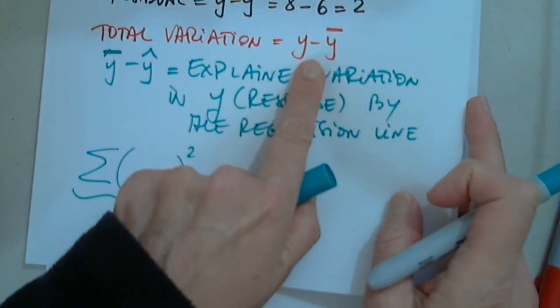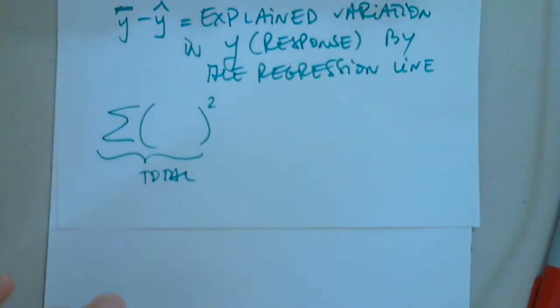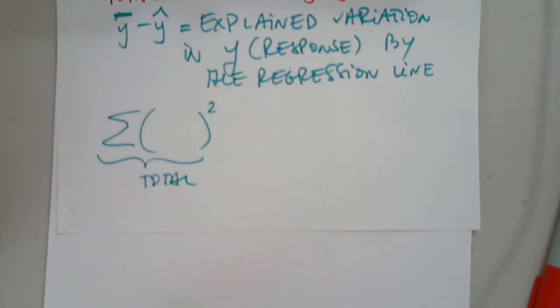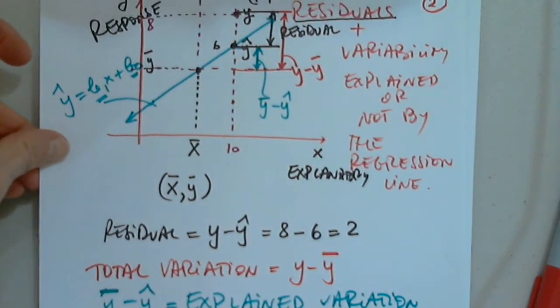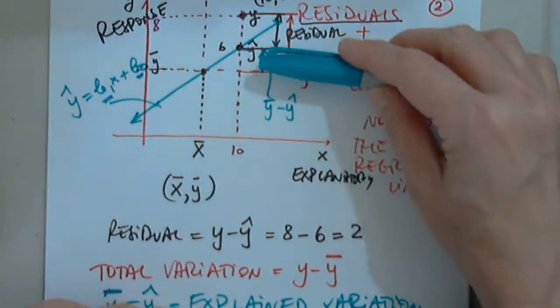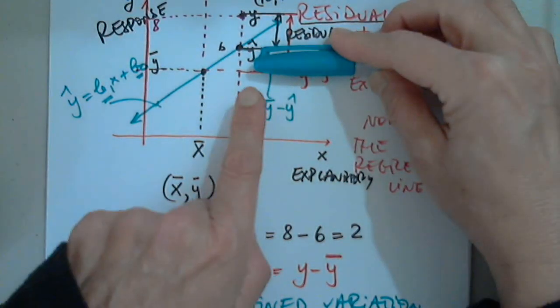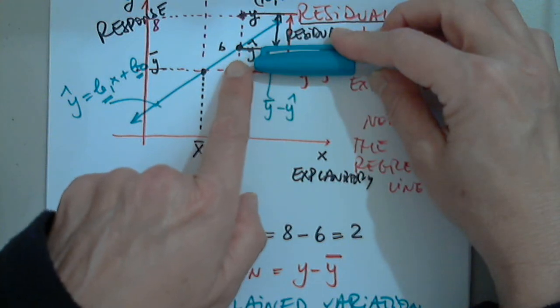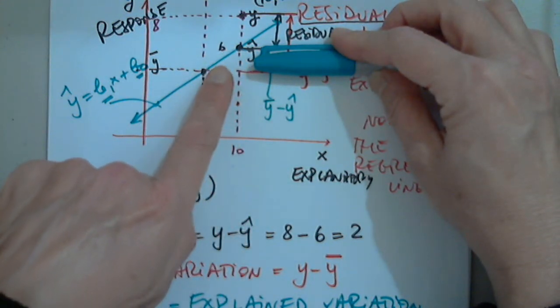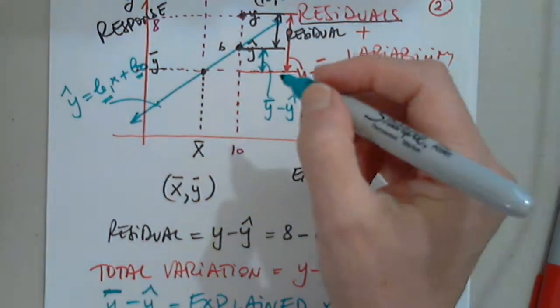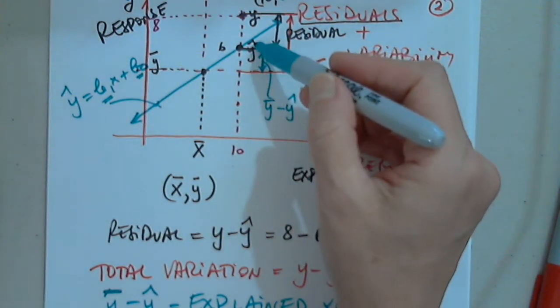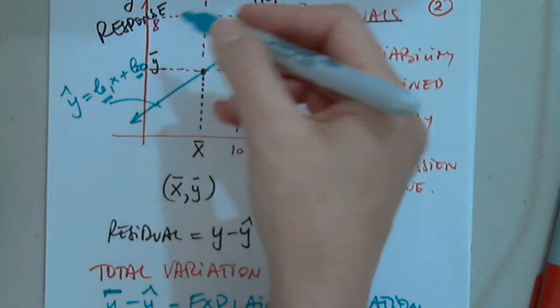This one. I have a question. Yes, I'm ready. The variation explained by the regression line, that's the mean minus the y hat, right? Oh, you're right. I should have written it as y hat minus y bar, in my example, in my drawing.